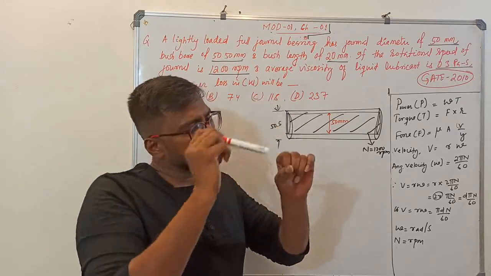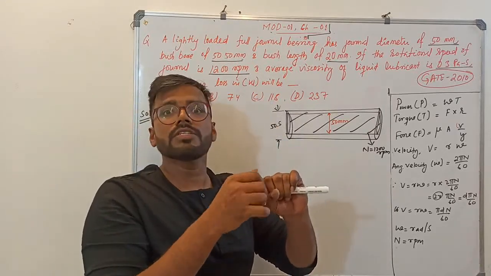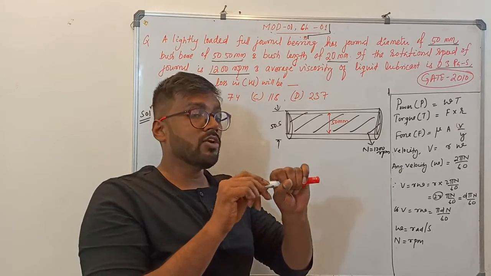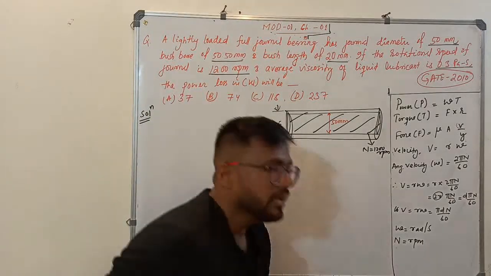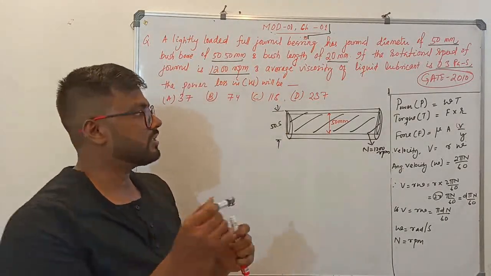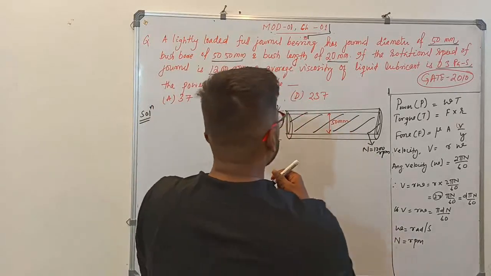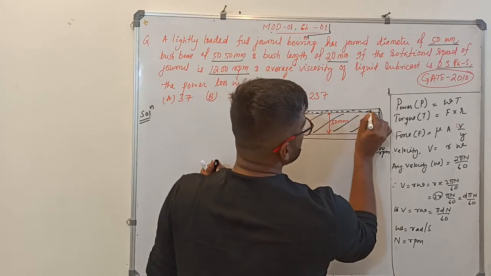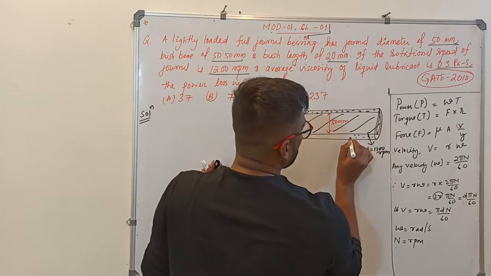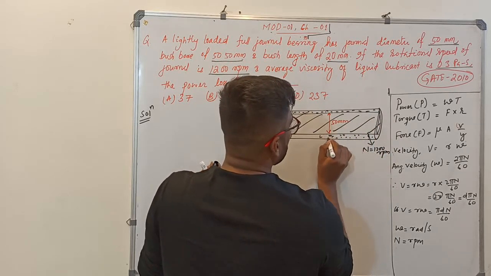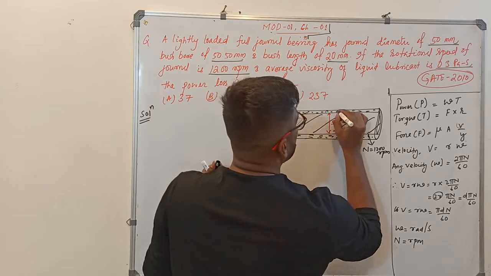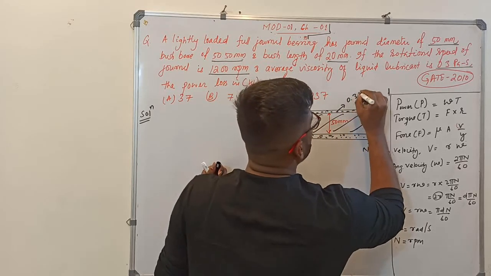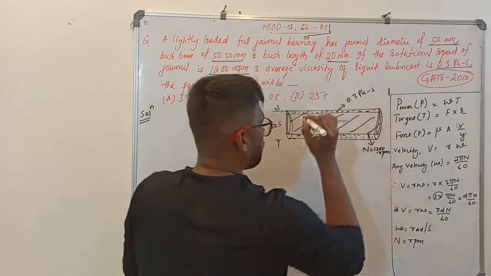So what happens? There will be a heavy amount of friction. In order to avoid the friction, between this clearance space we are using some lubricating oil of viscosity 0.3 pascal second.